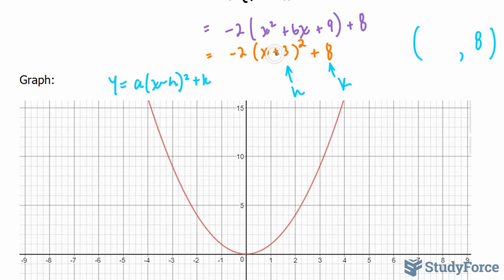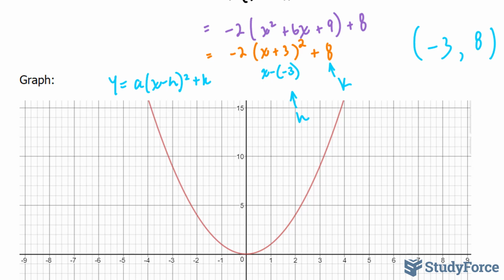But our h doesn't have a minus in front of it, so we have to rearrange this part of the equation so that it actually looks like this. And the way you do that is you break this down into x minus negative 3, because x minus minus together make a plus. So therefore our h, our x-coordinate, will be negative 3.